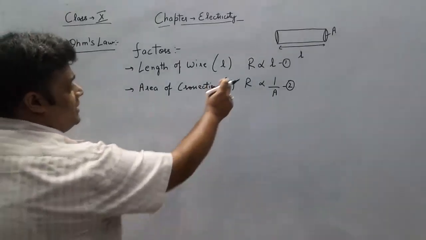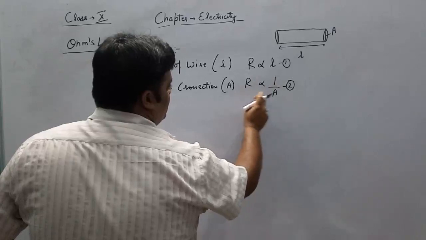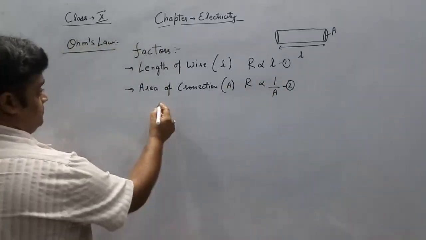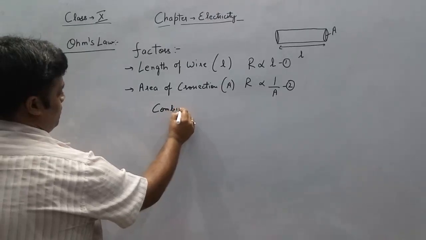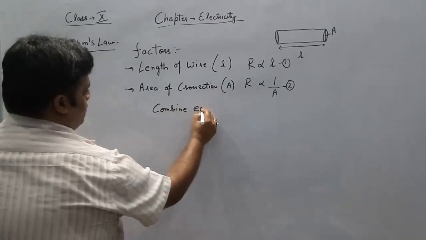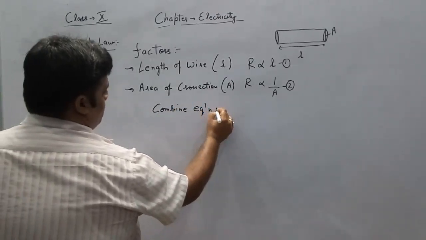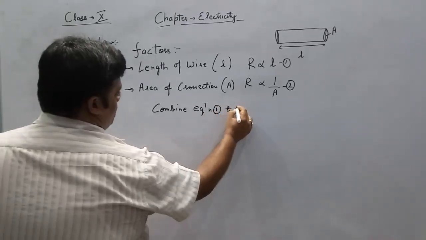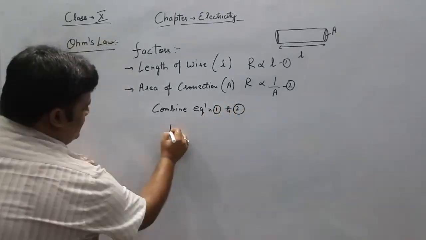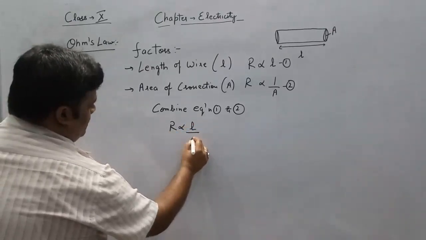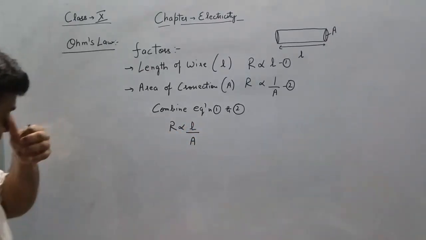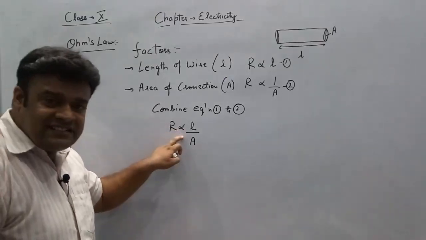If we combine equation 1 and equation 2, we can say that resistance is directly proportional to L and inversely proportional to A. Again, a proportionality sign is there.